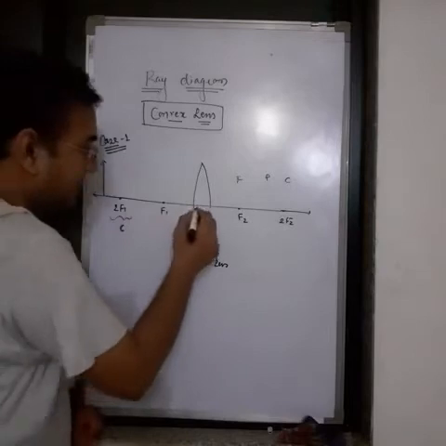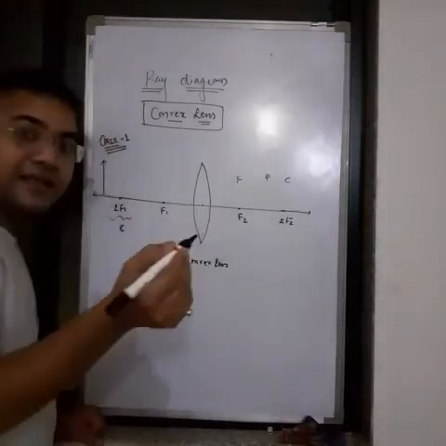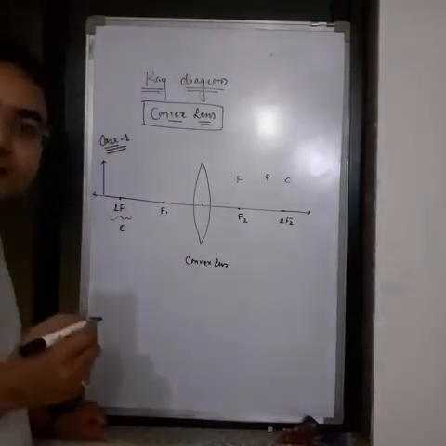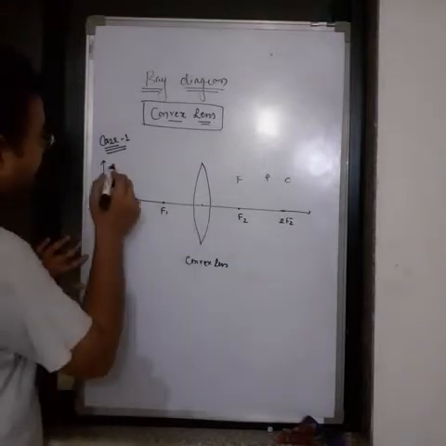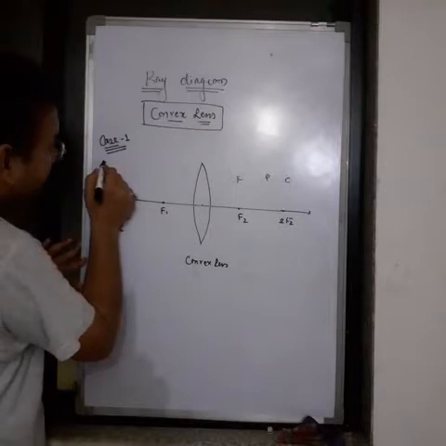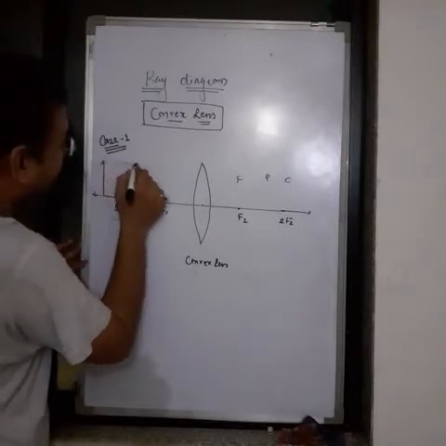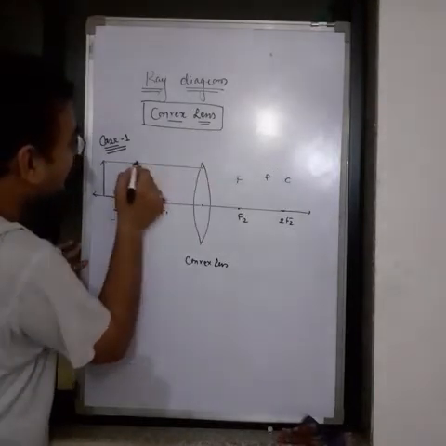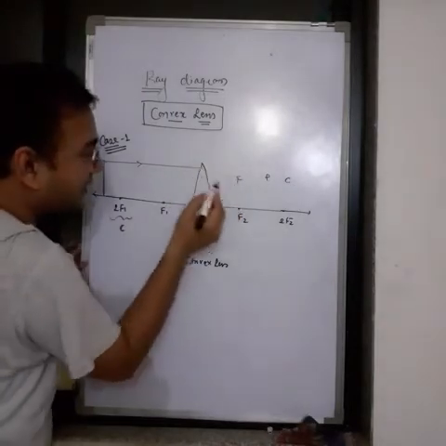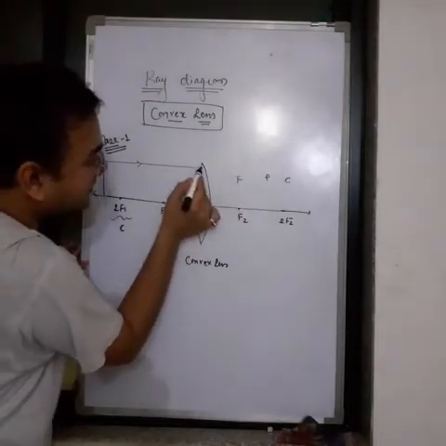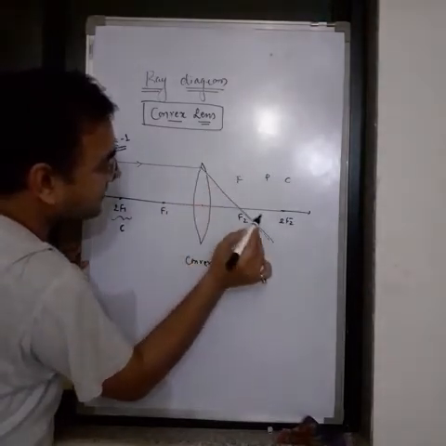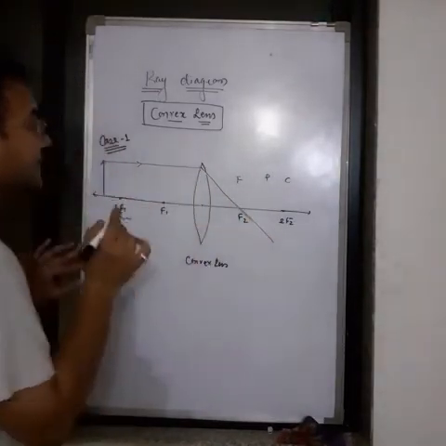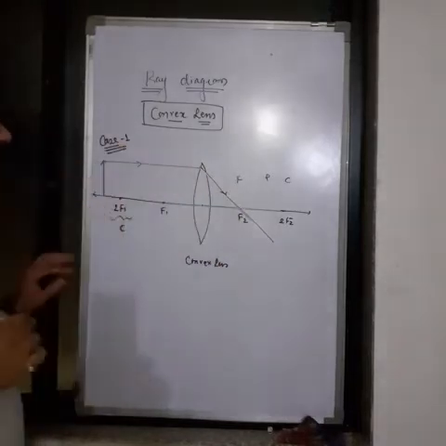So here, due to the lack of pencil and scale, I am just going to give a very rough diagram. First, the parallel ray is going to pass through the focus, like this.